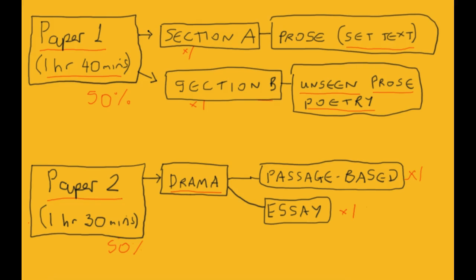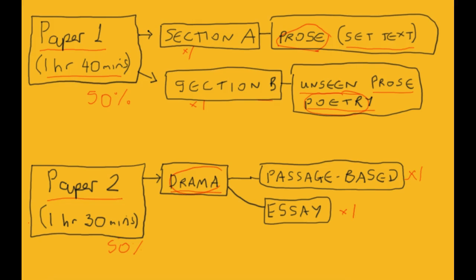Now, let's think a little bit about what exactly you're sitting on this exam. Each section, whether you're doing your prose here, or you're doing your poetry here, and then you're doing your drama down here.